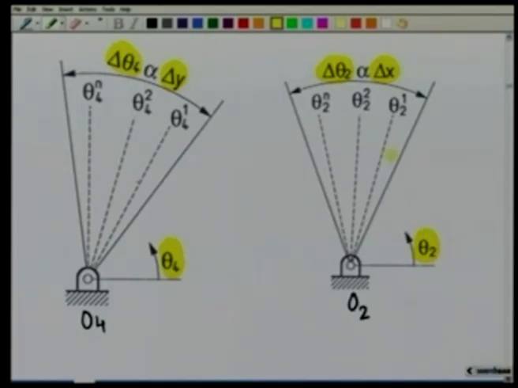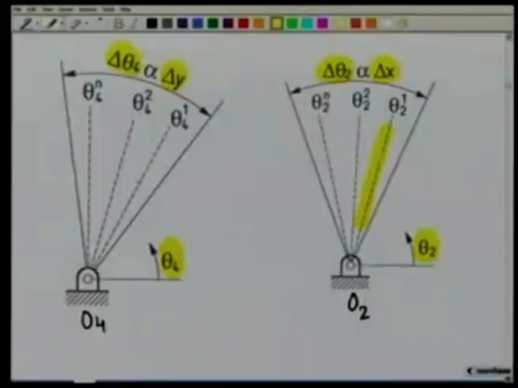That means, suppose we are talking of 3 position synthesis, we want that when the input link is along this line, the output link must be along this line. As the input link moves through this angle and occupies this position, the output link must rotate by a prescribed amount as shown here, and the output link should occupy this position.